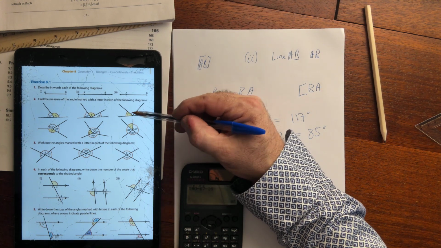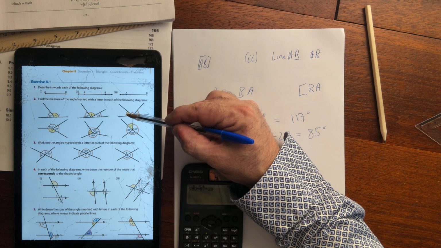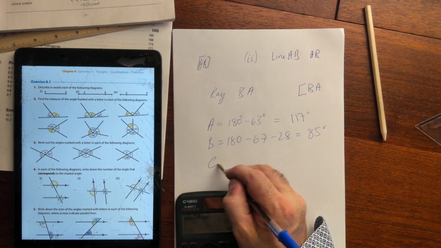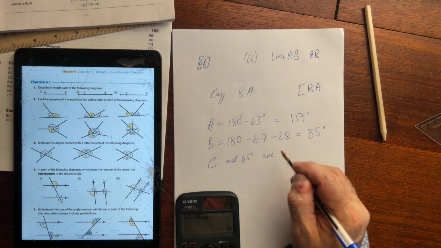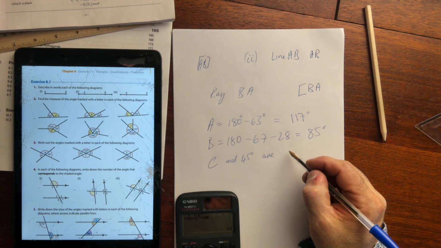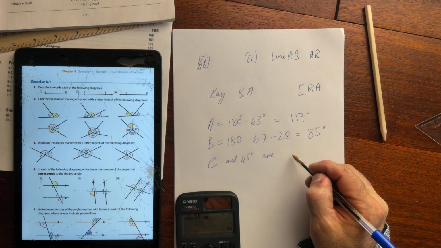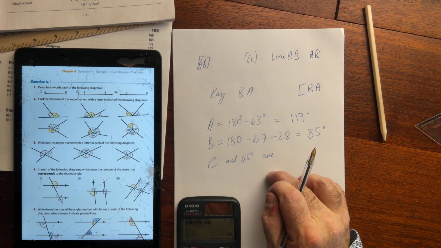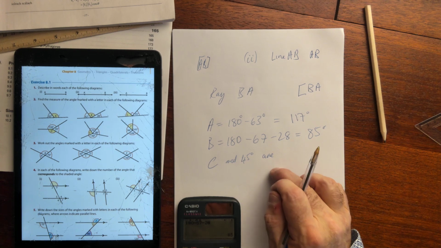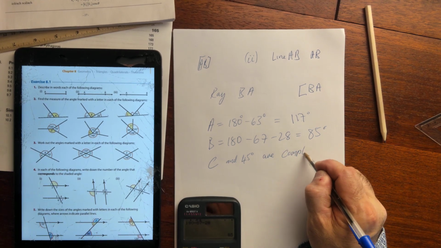Well now, okay, you could do 180 minus 45 minus 90, but what you might notice is that C and 45 degrees are, now we call that not supplementary, we call it complementary, they complete each other.